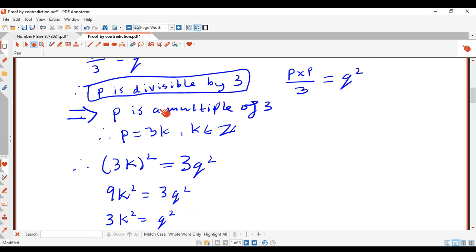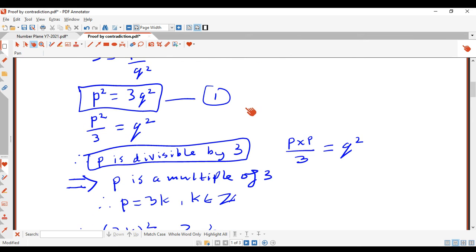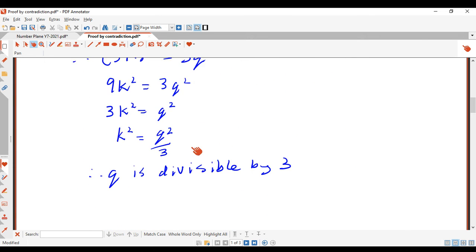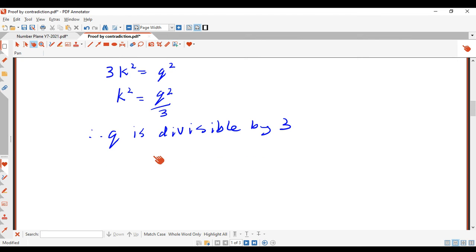We've just come to a contradiction because we said at the beginning that P and Q have no common factors. But if P is divisible by 3 and Q is divisible by 3, that means 3 must be a factor of P and Q, correct?